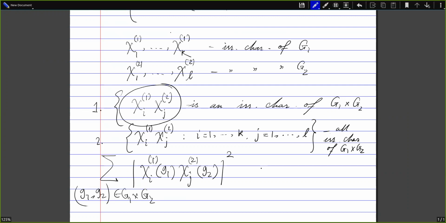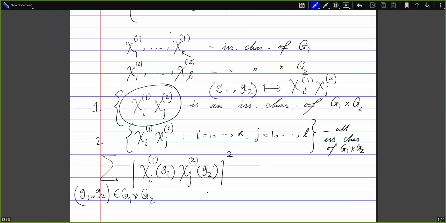Just to remind you, the way this character is defined is that at a point (g1, g2) the value of the character is chi_I^1(g1) times chi_J^2(g2). That's how the character is defined.